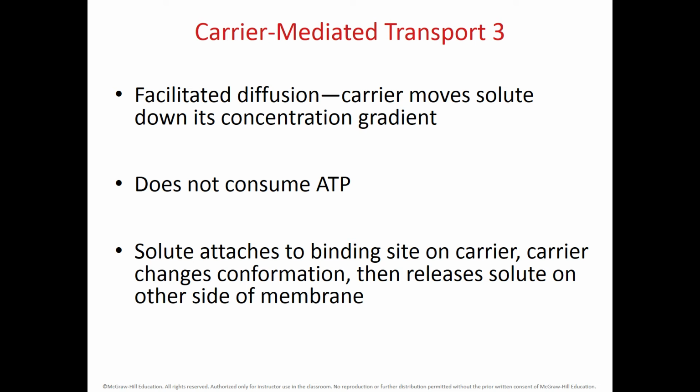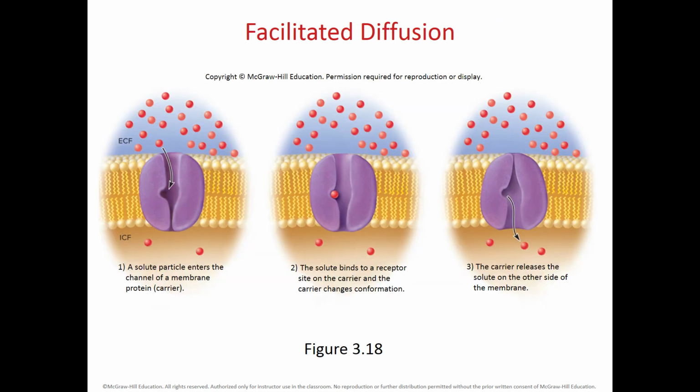So the solute in this case will attach to the binding site of the carrier. Then the carrier will sense this physical distortion, it will change its shape, and then will open and release the solute on the other side of the membrane. So this is facilitated diffusion.